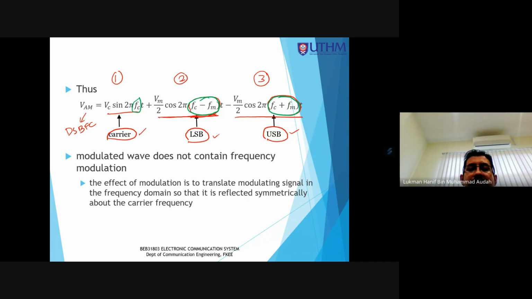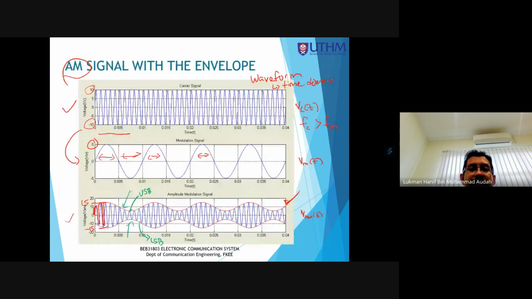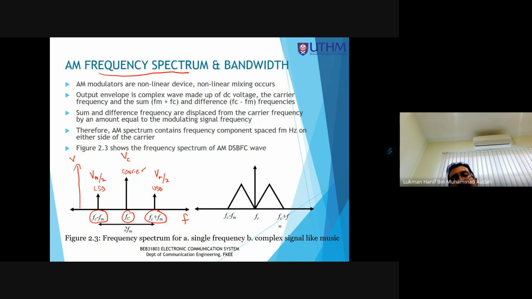Then you can determine the amplitude of each component. The first one is the voltage of the carrier. The second one is the voltage of the lower sideband. The third one is the voltage of the upper sideband. So from the equation, then you can draw the frequency spectrum.